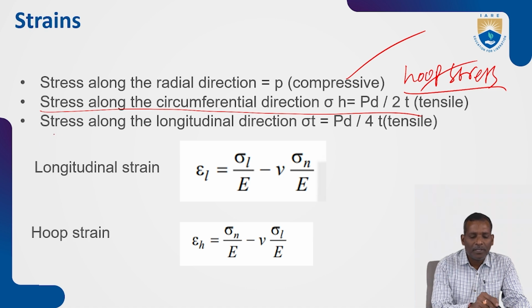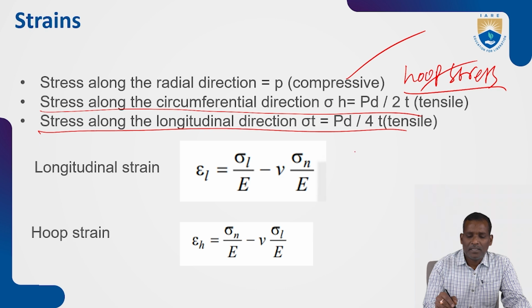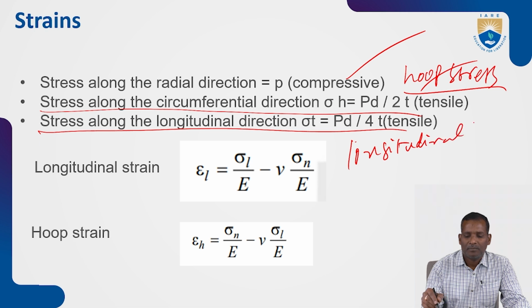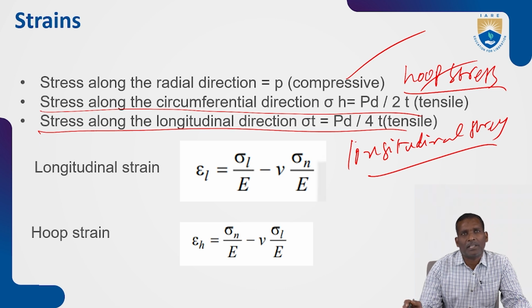Stress along the longitudinal direction, sigma L, Pd by 4t. Longitudinal stress Pd by 4t and hoop stress Pd by 2t, both are tensile in nature.